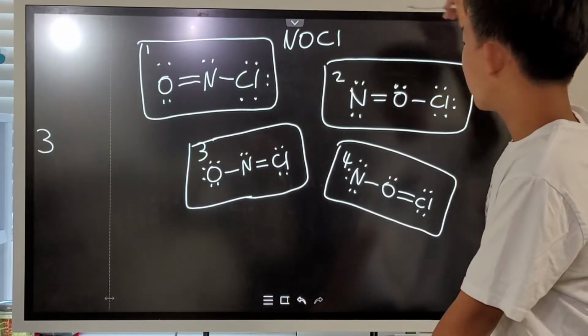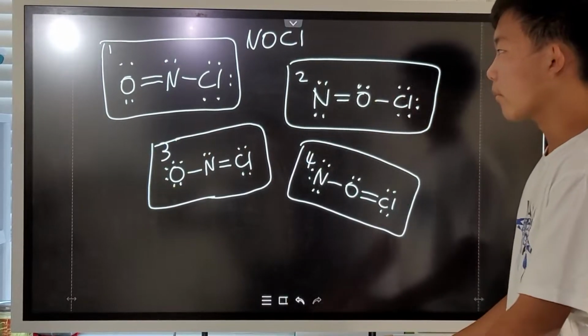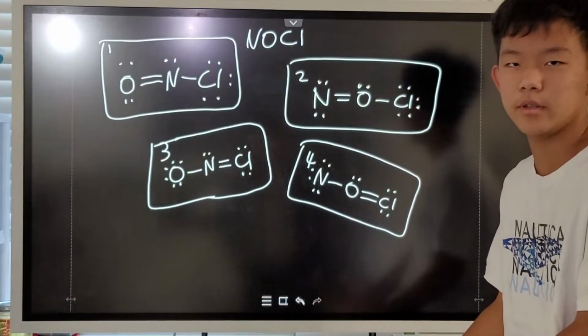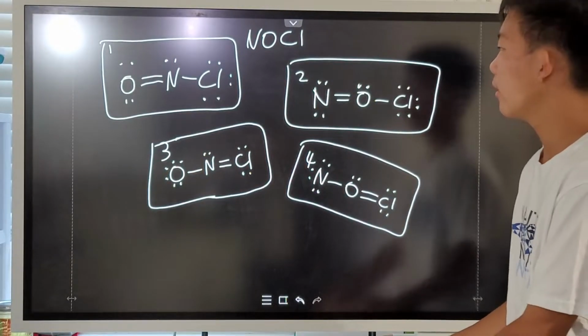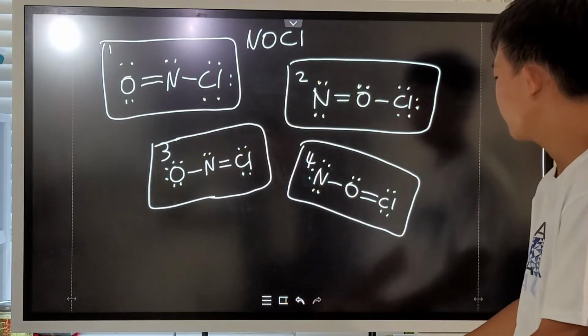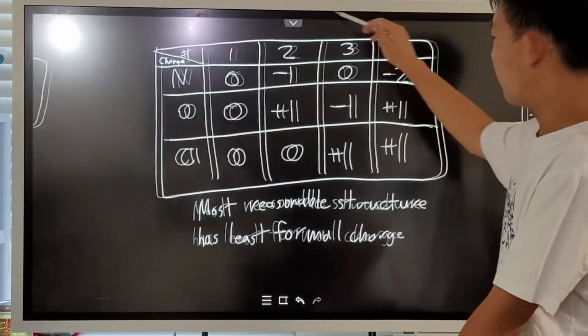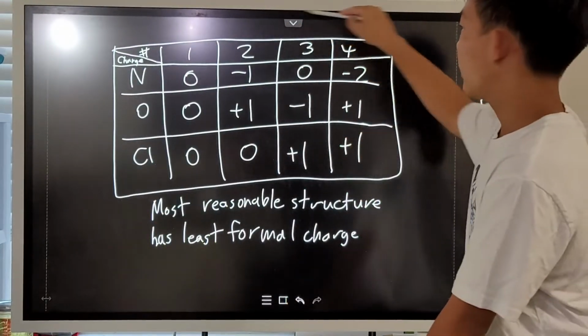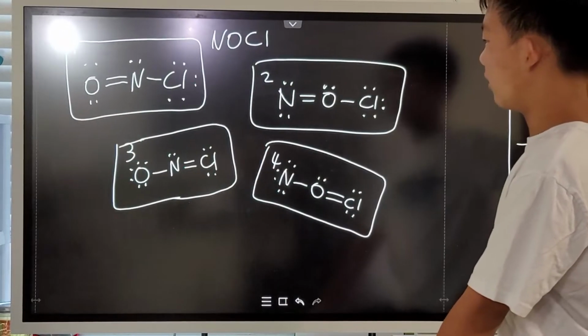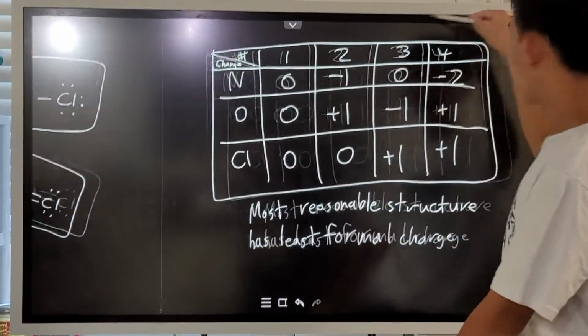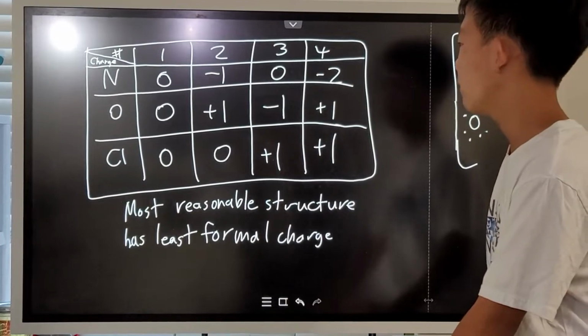This one is Nitroxyl Chloride. Nitroxyl Chloride appears in many different forms. So I have 4 of them. Now let's look at the formal charges for each of them. So you may have seen the labels I put here. So look here. Here's the formal charge.